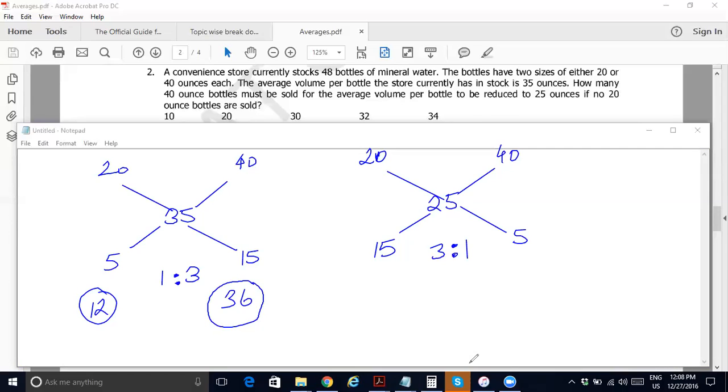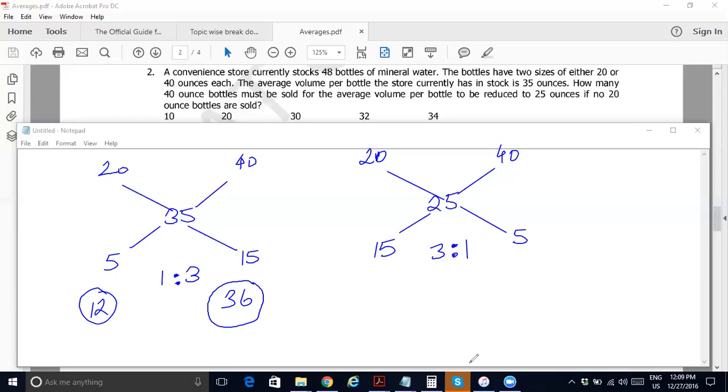Whatever we have done is the information given to us. How many 40-ounce bottles must be sold for the average volume per bottle to be reduced to 25 ounces? Initially we started at 36 bottles. How many bottles should be sold so as to bring the average down to 25?